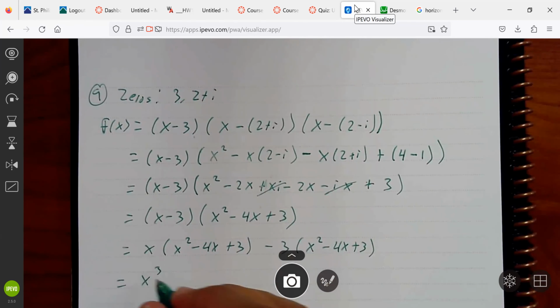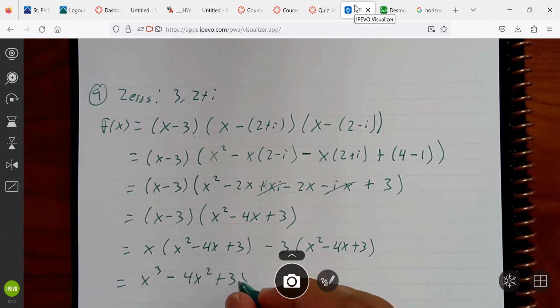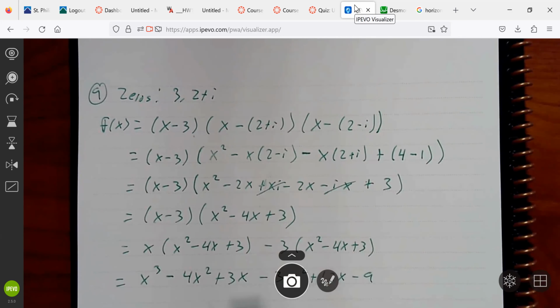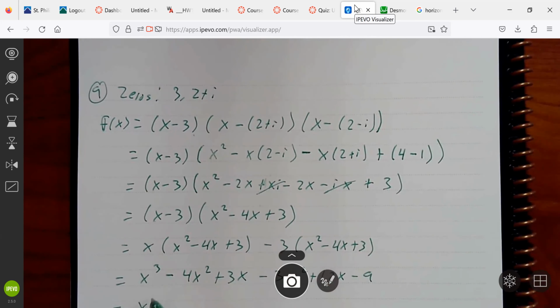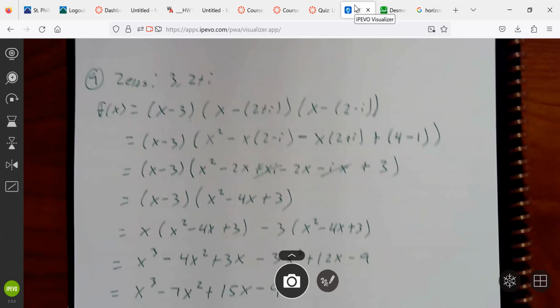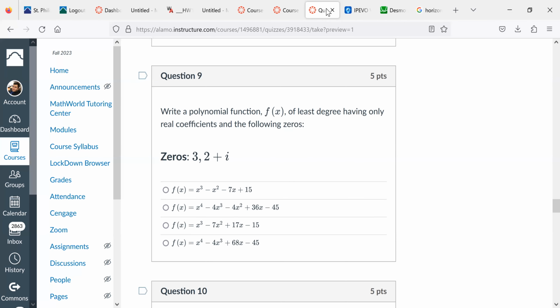So that'll be x cubed minus 4x squared plus 3x minus this. There we go. That was annoying. Looks like it will be. Dang it.